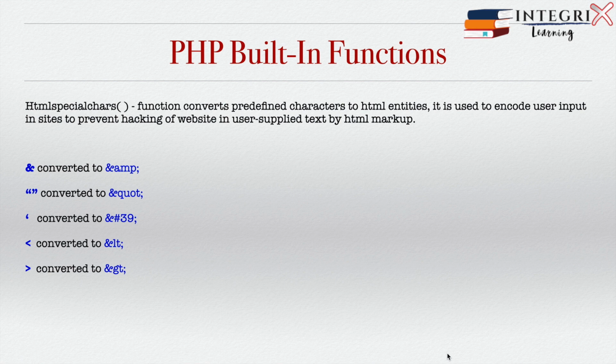For example, if a user enters some HTML markup in a user input field, that might take your website into disarray. All those things you can avoid by using the htmlspecialchars function. Essentially it converts the ampersand, double quotation marks, single quotes, the less than mark, which is used for tags in HTML, and the greater than mark into HTML entities in the user input.